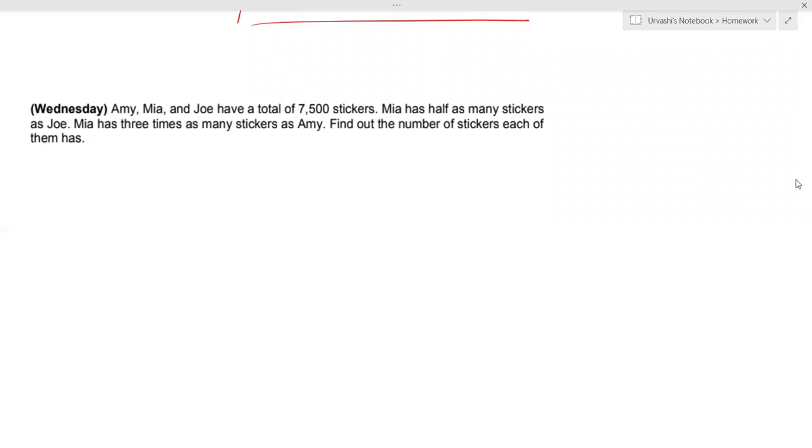James? So first you do a chart. So they add up to 7,500. So Amy has half as Joe. Mia has 3 times as many stickers as Amy.